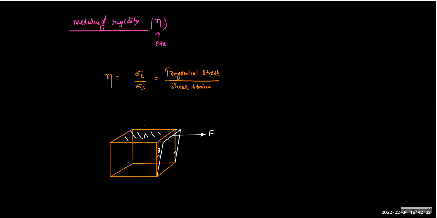This is the theta. So the tensile stress is F upon A, or you can say tangential force upon area. And the shear strain is theta, right, if you remember the definition. This is X, and this is, let's say, L. So X by L is the answer. So the tangential force we can also write as eta.